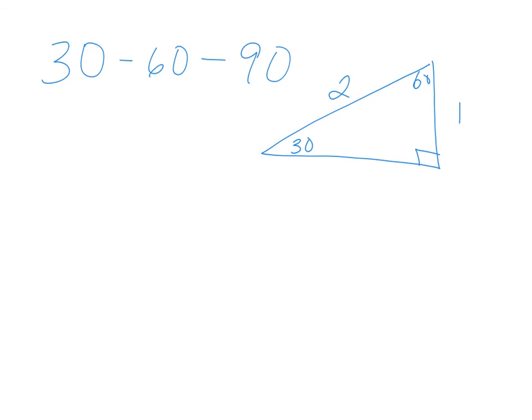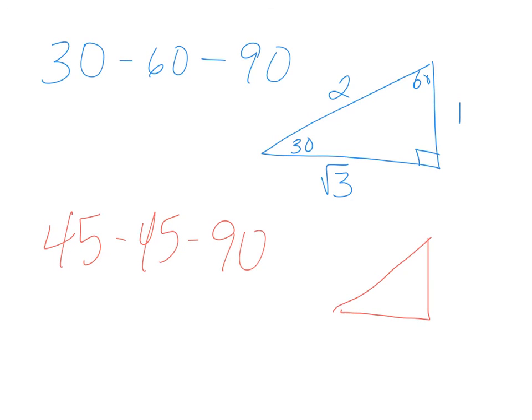The way I always remember, the smallest angle has the smallest side, the largest angle has the largest side, and in between is square root of 3. 45, 45, 90: 1, 1, square root of 2. You have to memorize it. You'll need it. Good job.